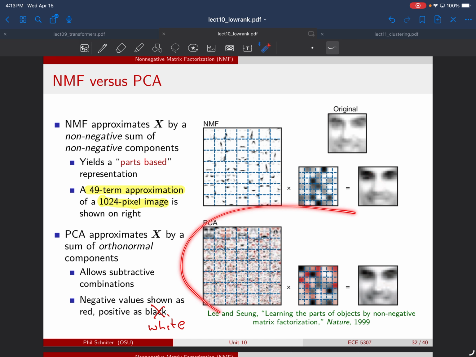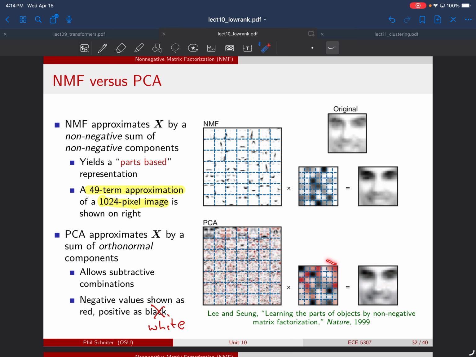So here's PCA. This is similar to what we have seen before. Here is the mean image, and here are all the eigenfaces. There's a total of 48 of them in this picture.